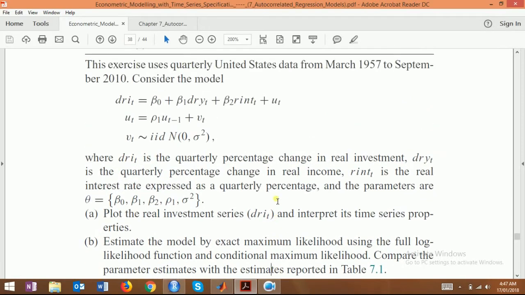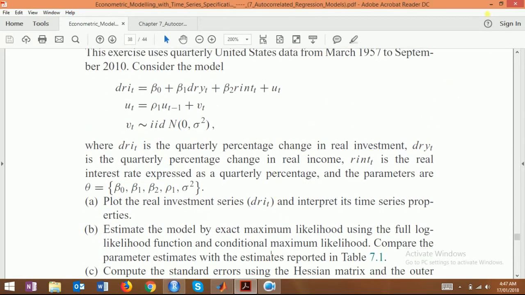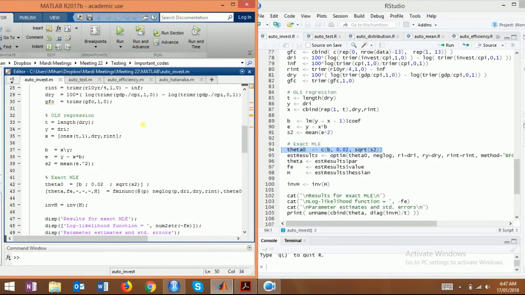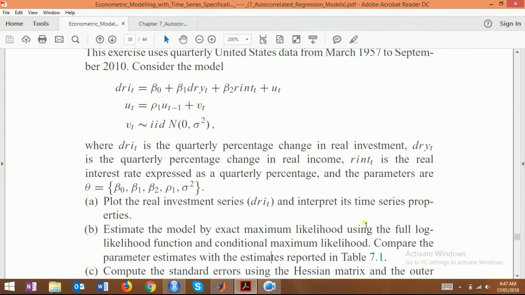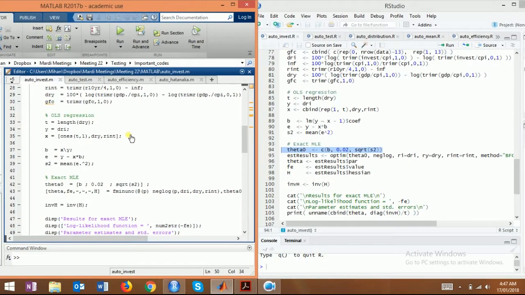Nothing is given for rho in the question too. In the question it says compare the estimates reported in table 7.1. Rho is there, so we are taking rho 0.02, square root of sigma square. This is initialization, that's all.